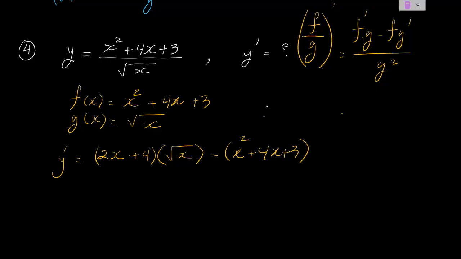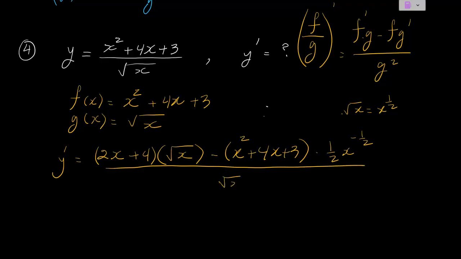Now, remember, square root of x is x to the 1 over 2. Remember the exponential rule. So times 1/2 x to the negative 1/2. All right, all of that over square root of x squared. Fantastic.